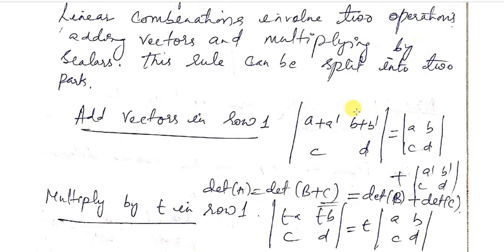Okay. So see, the first row is a linear combination, A plus A dash, B plus B dash. The second row is C, D. Okay.